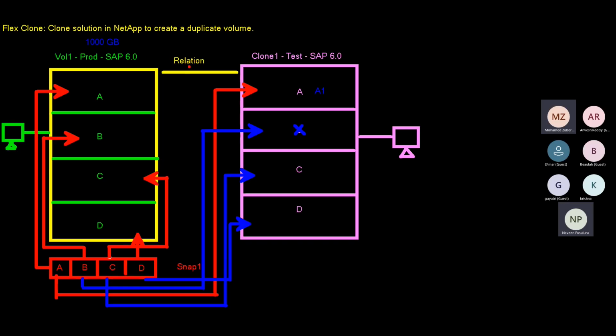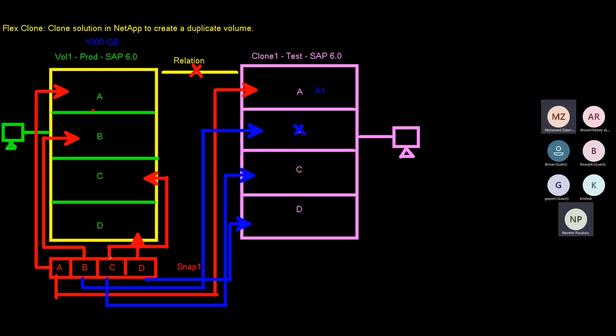But you can split the relation between these two. That means my clone will not contain images. When you do the split, all the data I have on my production volume will be copied to the clone. Instead of images, the entire data will be copied to the clone as well.